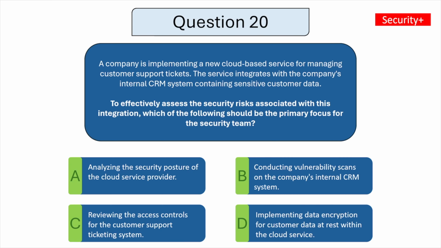D is also a good choice. However, I feel like C would be more important. Access control within the integration would be a priority over data encryption in the CRM, especially when integration is concerned here. So I'm going to go with C. I could be wrong, but I'm going to go with C on this one.